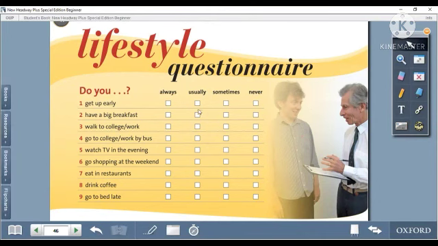Choose only one. طيب, do you have a big breakfast؟ All these questions for you. هتجاوبي about yourself. هتجاوبي I والverb I get up, I have a big breakfast, but you have to choose one of them. Before the verb, choose one of them. For example, I sometimes have a big breakfast.